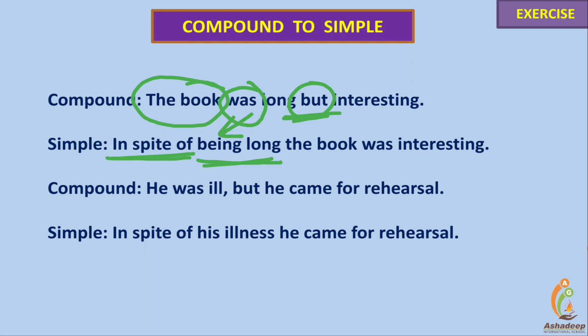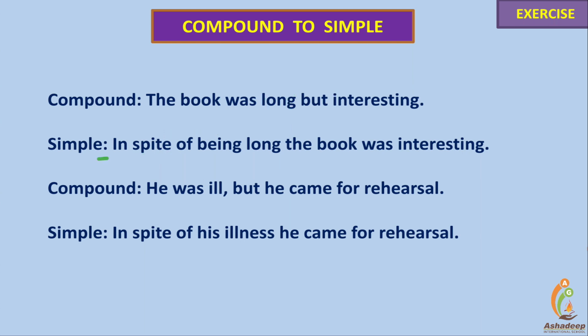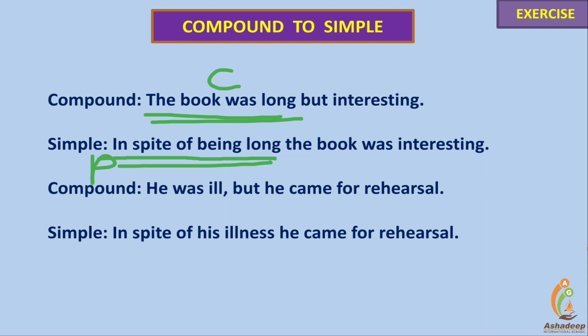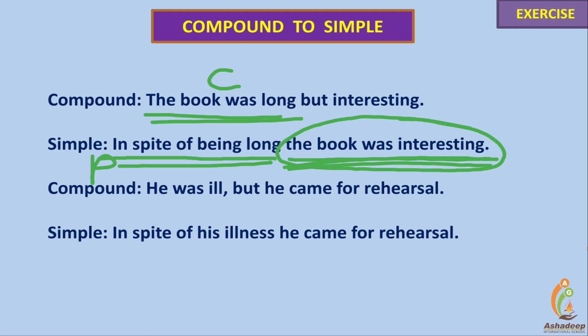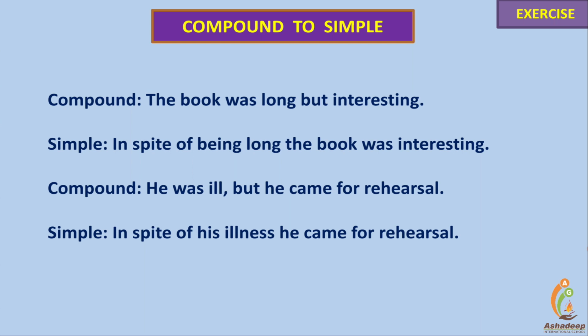In spite of being long, now it's a phrase. The book was long, it was a clause, and it has been converted into a phrase. The book was interesting, it's a clause. In spite of being long, the book was interesting.